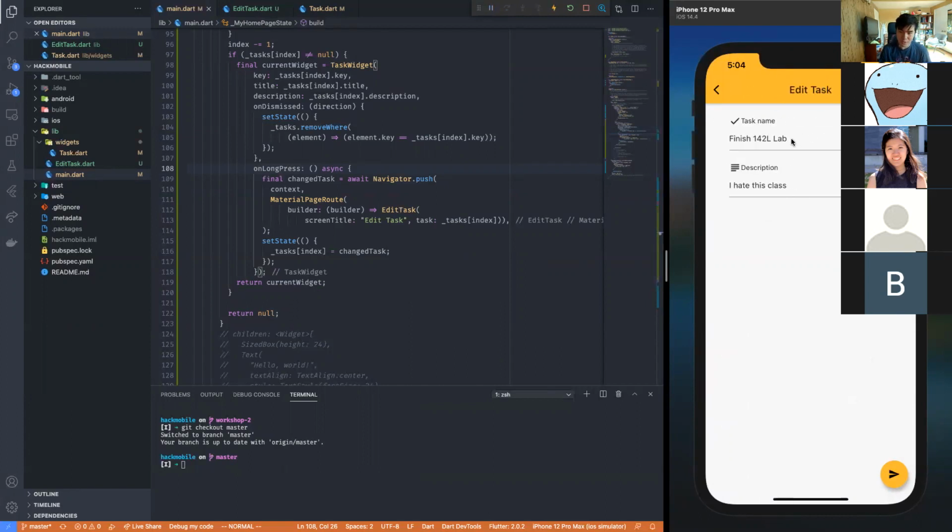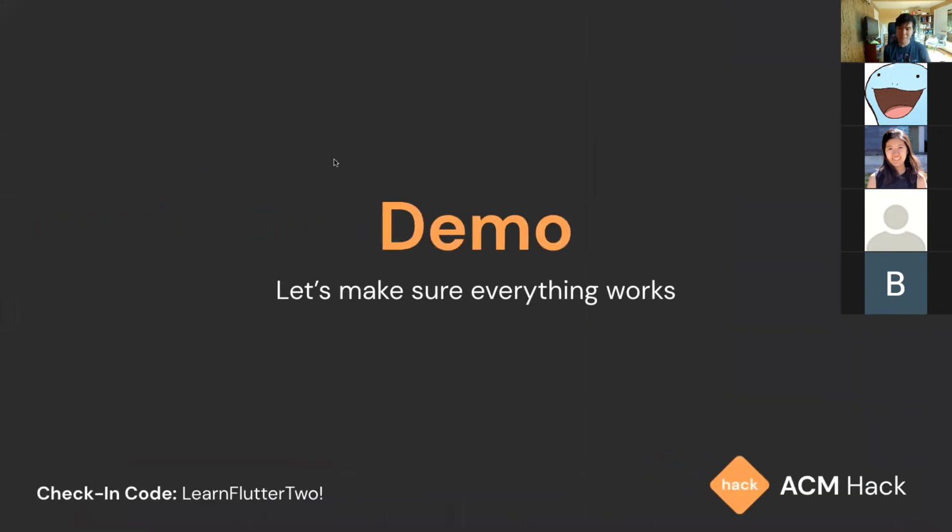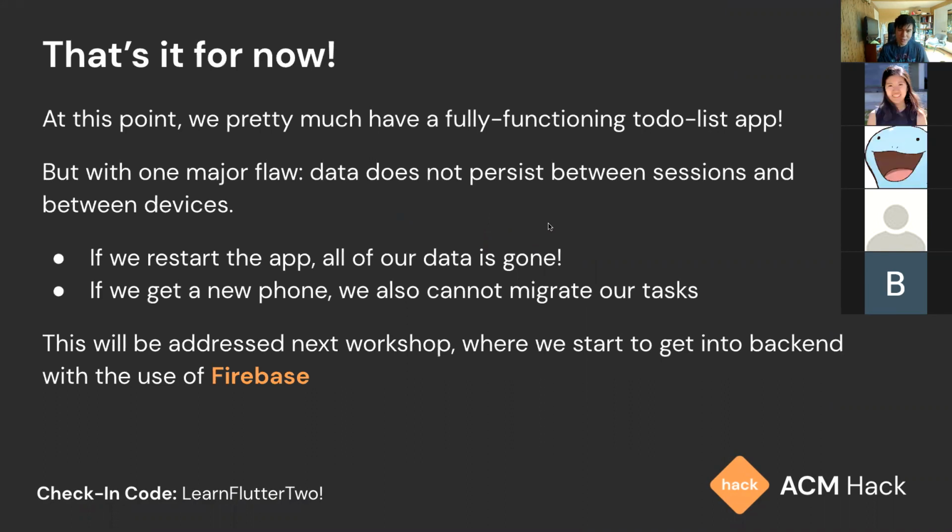And if we do it to this original thing, instead of finish, let's just say skip, because I really don't want to do this lab. It'll change accordingly, and we can swipe to delete, right? So we pretty much have all the database operations, but in just a localized app, right? We can create tasks, we can update tasks, we can delete tasks. So that's pretty much it for this workshop.